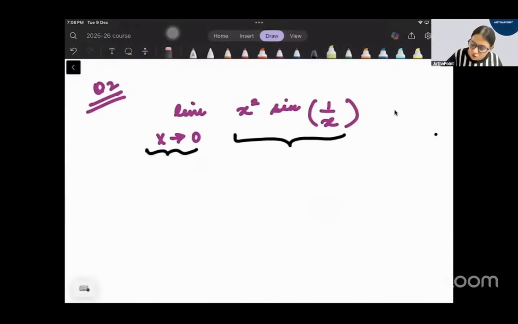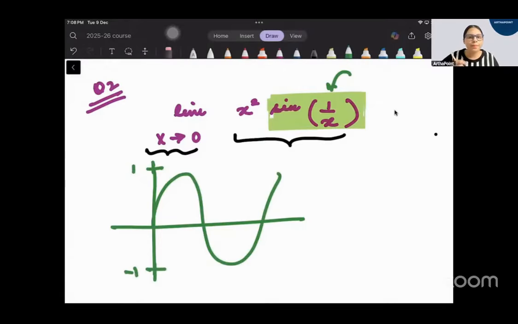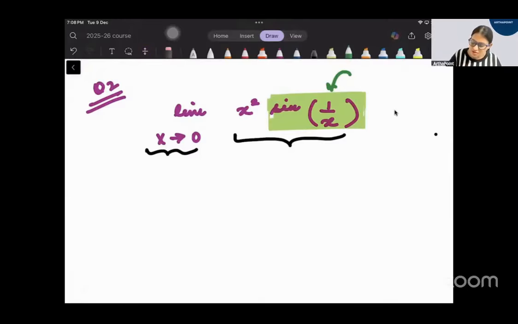Whenever we talk about the function sine x, whatever the angle here does not matter, sine is always bounded above and below by 1 and minus 1. So when I write sine 1 by x, this will always be between minus 1 and 1.